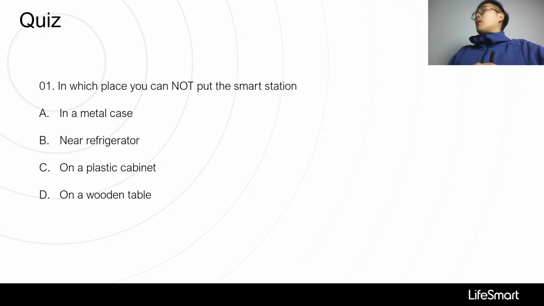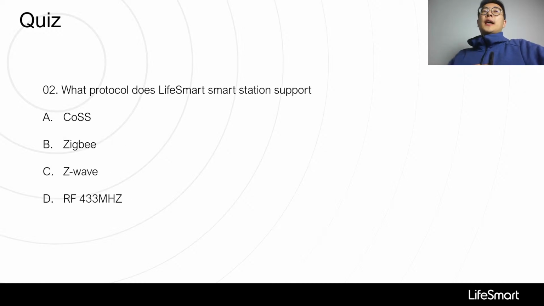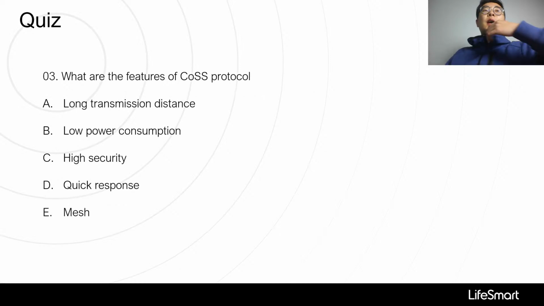The first question is, in which place can you not put the smart station? Second, what protocol does the LifeSmart Smart Station support? The third one, what are the features of the COS protocol?